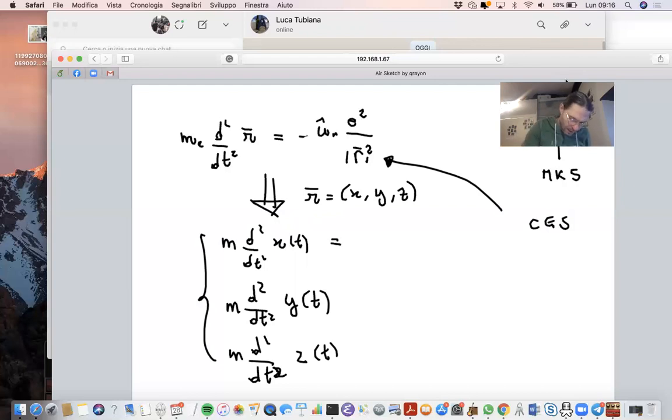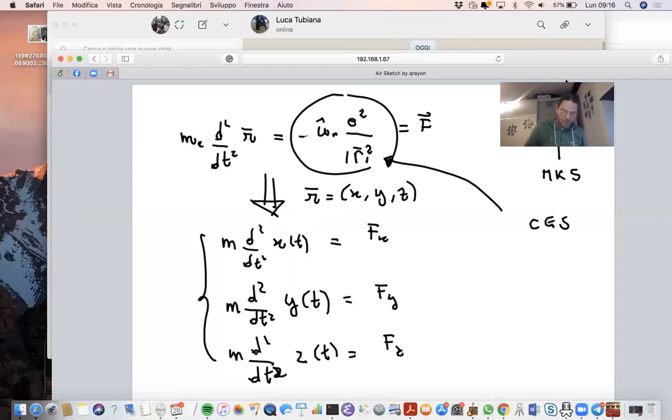And on the right hand side, that's my force, right there. I would have the x component of the force, the y component of the force, and the z component of the force, which depends on all 3 components. So let me say x, y, z. This is x, y, z, and this is x, y, z.